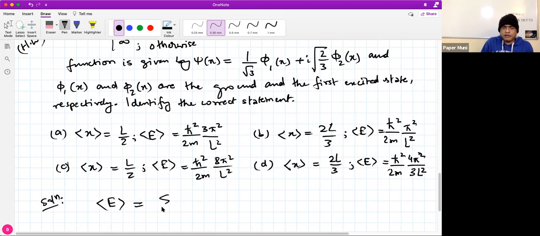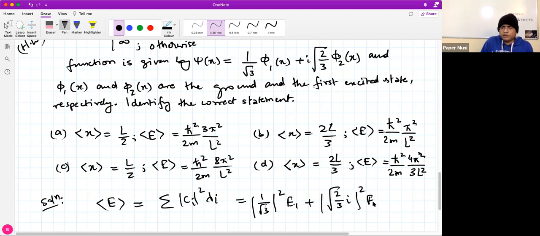So you can simply apply Ci mod square and lambda i. This one will be 1 by 3 mod square E1, plus root 2 by 3 iota mod square E2.